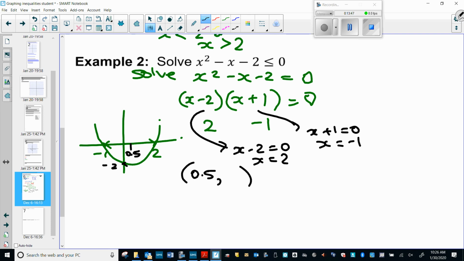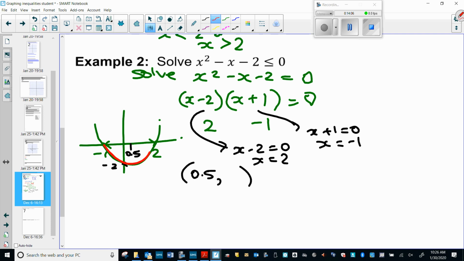Okay? Now we've completely digressed. But here's our diagram. It's positively happy. Our points here are negative 1 and 2. We're trying to find out when that graph is less than or equal to 0. So whereabouts is it less than or equal to 0?